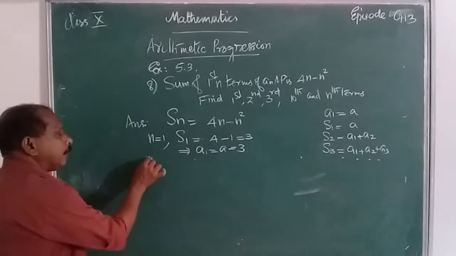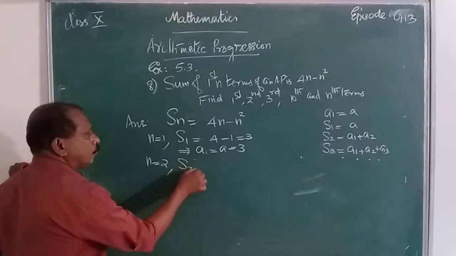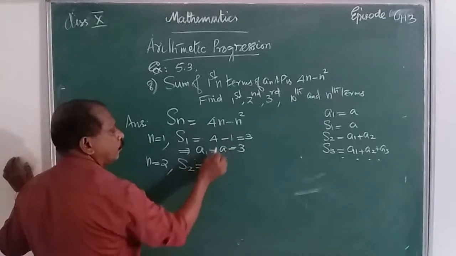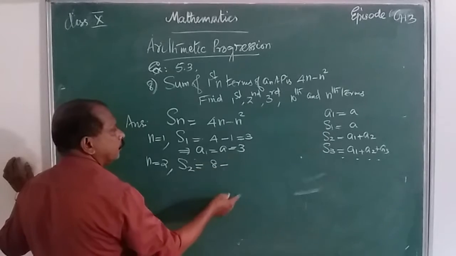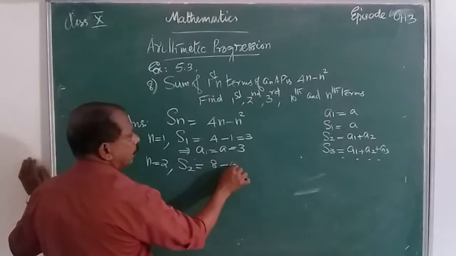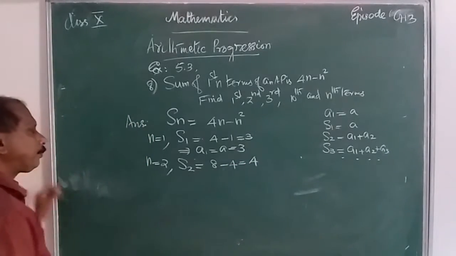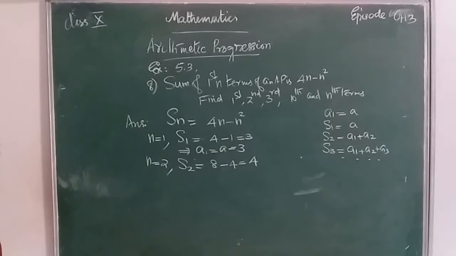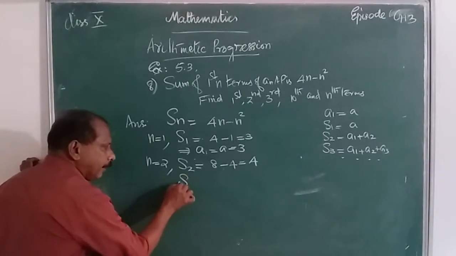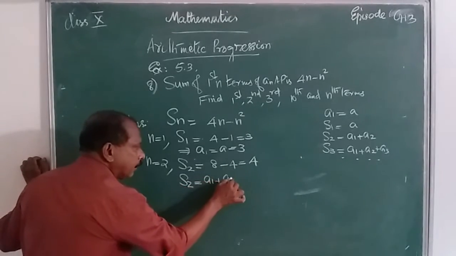Then n is equal to 2. S2 is equal to 4 into 2, 8, minus 2 square. What is 2 square? It is 4. So 8 minus 4 is 4. S2 is equal to A1 plus A2.